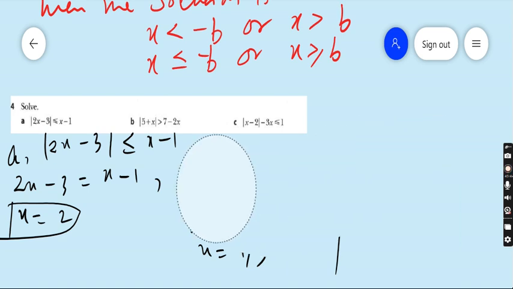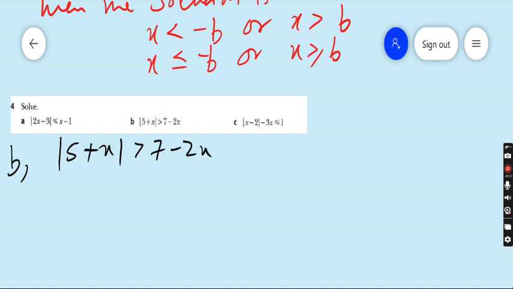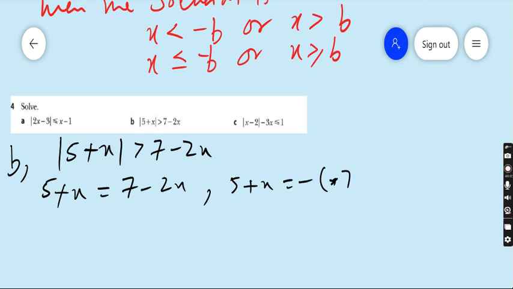Move to part B. So you can see how easy these questions are. If your concept is clear, then the question becomes very easy. So 5 plus x is equal to 7 minus 2x, and 5 plus x is equal to minus, the whole thing is minus.